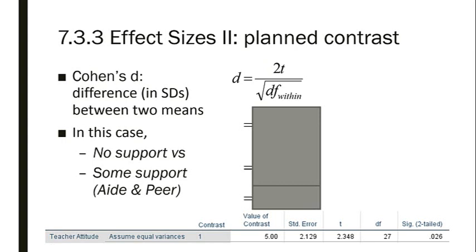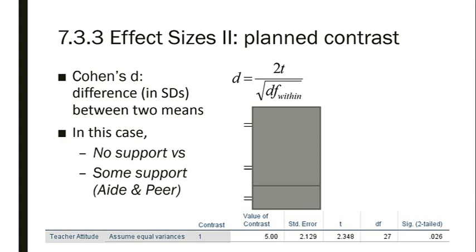If you combine the aid and peer groups, treating those two groups as one group, and then do some descriptive statistics, you get a mean for the some support group of 12.9 with a standard deviation of 2.845.